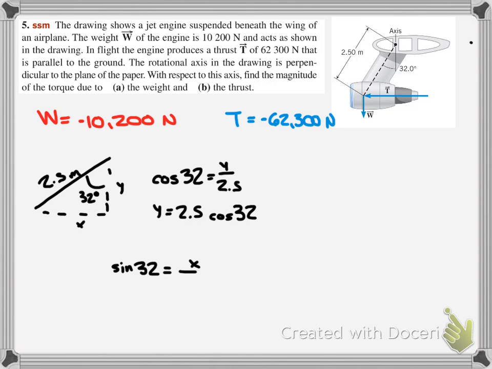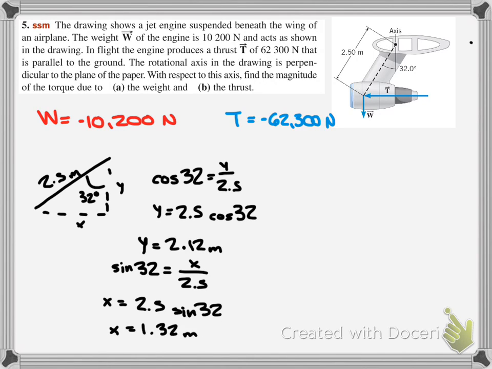And then sine 32 is equal to x over 2.5 because sine is opposite over hypotenuse. And that means that x is equal to 2.5 sine 32. So y is equal to 2.12 meters once you plug into your calculator, and x is equal to 1.32 meters.